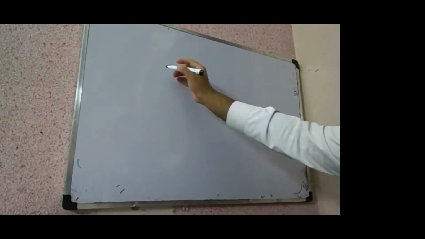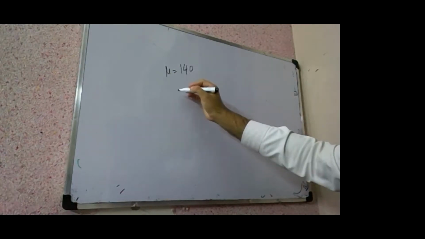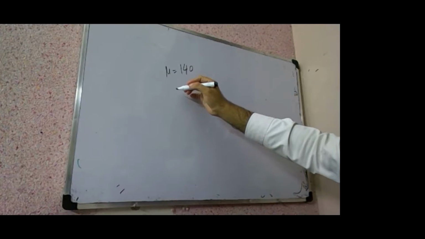Now, let's take a normal distribution, where the mean mu is 140, standard deviation is 25.